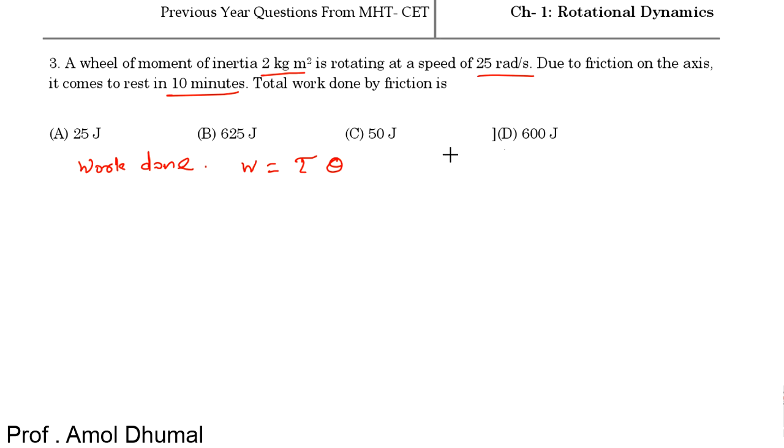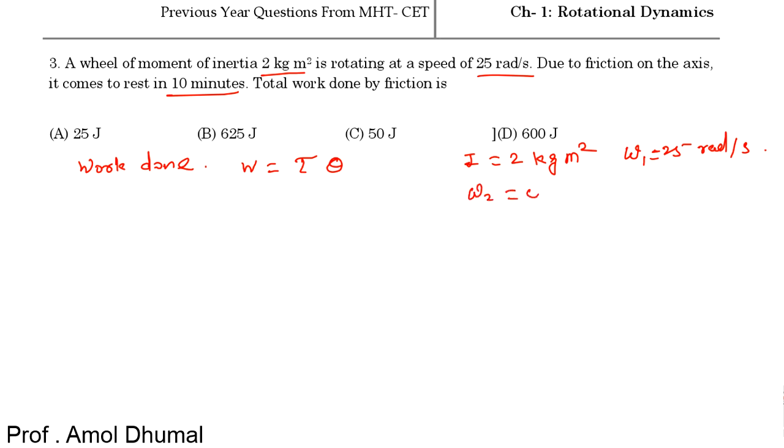So what is provided with us? The moment of inertia I is 2 kg meter square. Omega 1 is 25 radians per second.